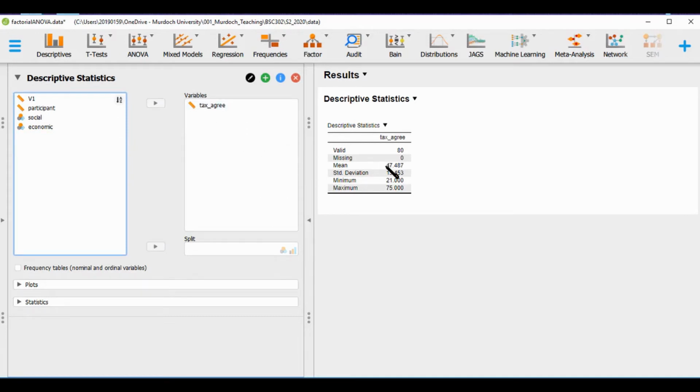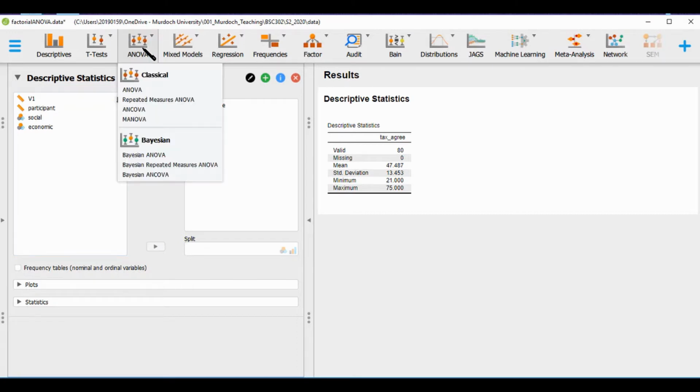We can see that the total mean is 47.487, and that gives us an idea because the linear model that we use for the ANOVA uses the total mean as reference. Okay, so let's go to the ANOVA and Bayesian ANOVA.